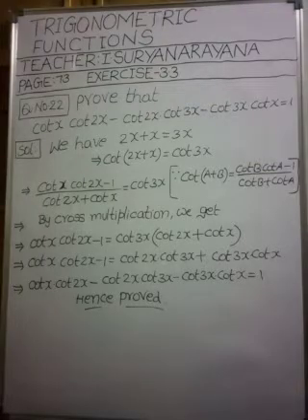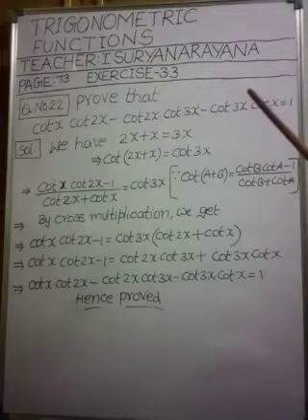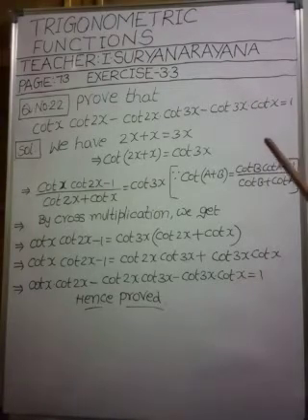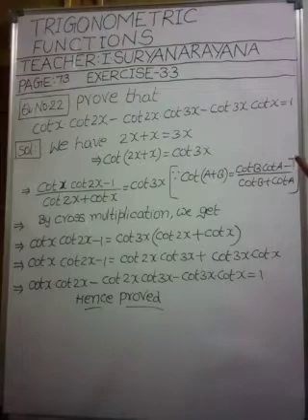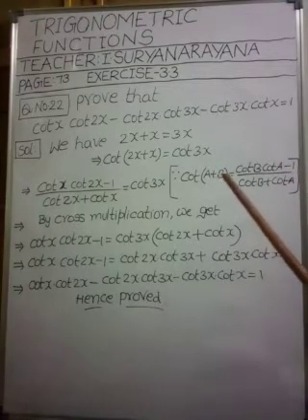After some steps, the two are equal. Then we said that the given statement is proved. But this question is different. We are not taking LHS, or RHS, and simplifying like that. It is some variety question, a different question.